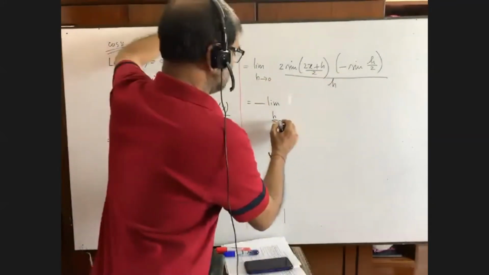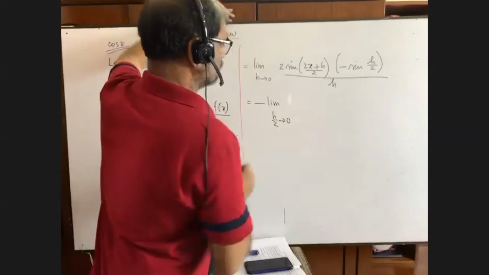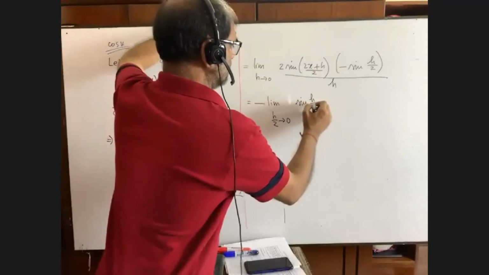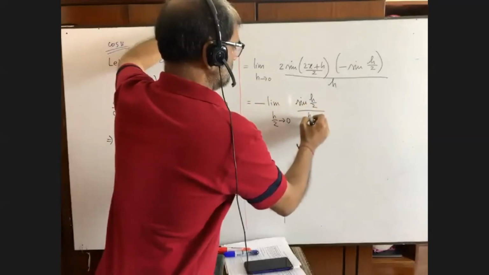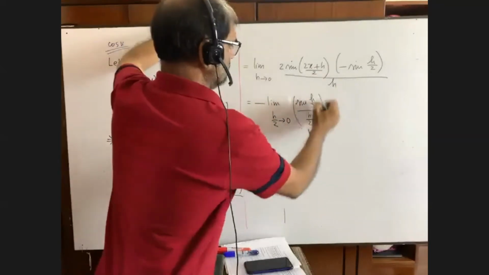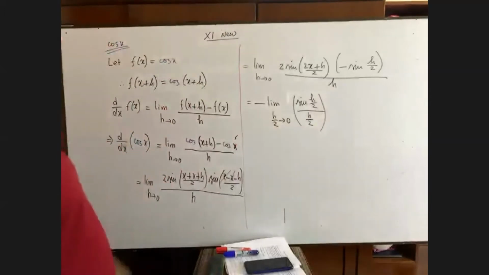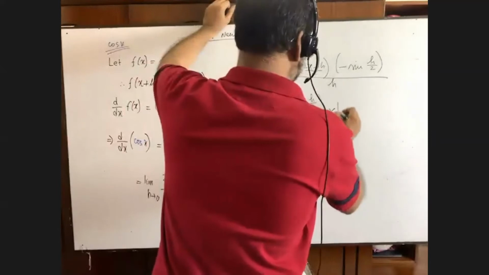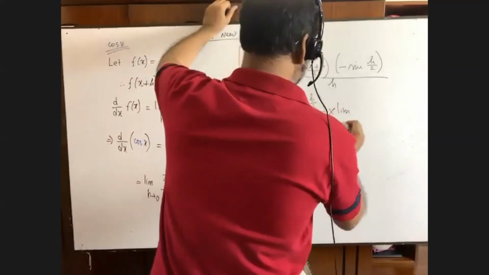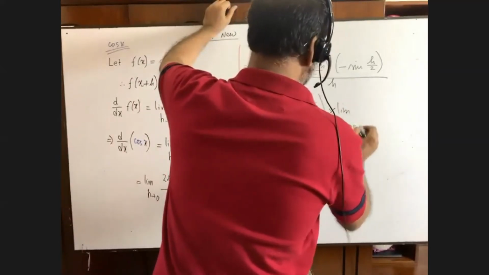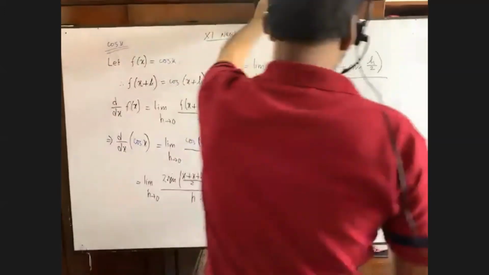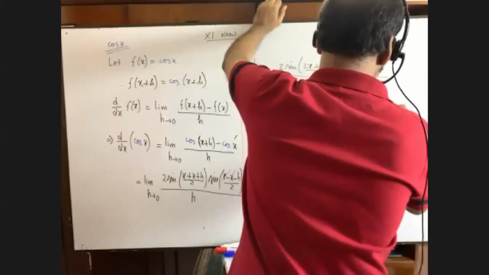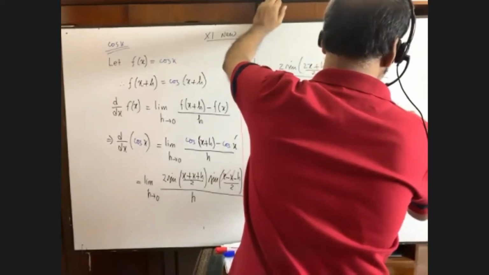So this minus has been taken at first. Now we can write here h by 2 tends to be 0. Sine h by 2 by h by 2, into limit h tends to be 0, sine 2x plus h by 2.